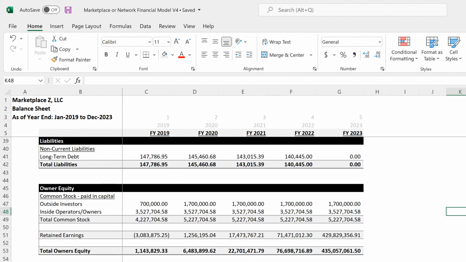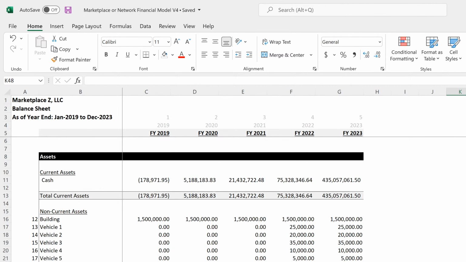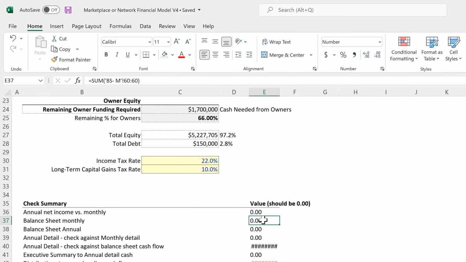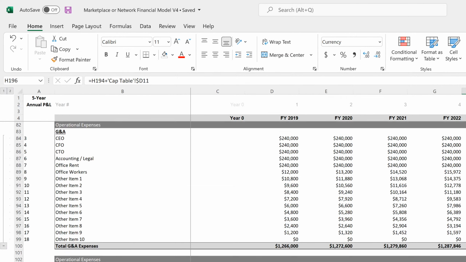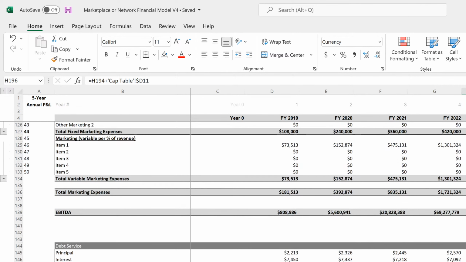Okay. So that's good, good, good. Annual detail, check against monthly. Annual detail. That's going to be I-194.